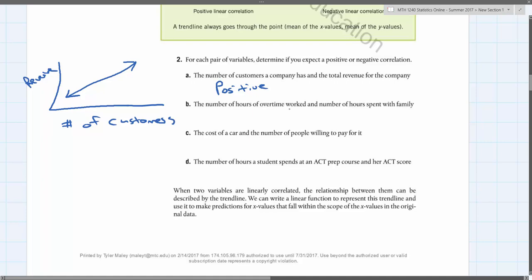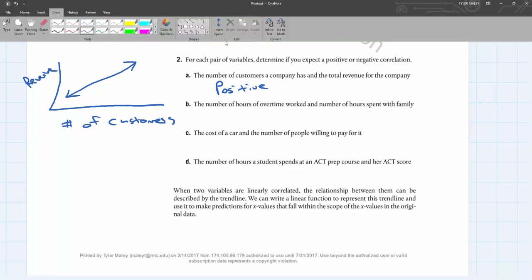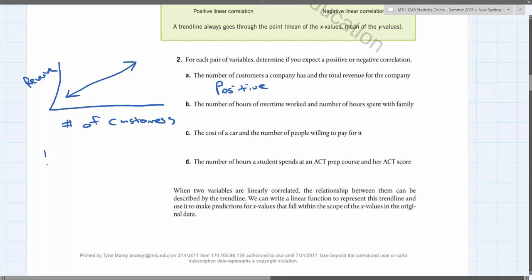So 2b, right? So instead of number of customers, we have number of hours of overtime, right? So hours of overtime along the x-axis, and along the y-axis, we have the number of hours spent with family. Right?